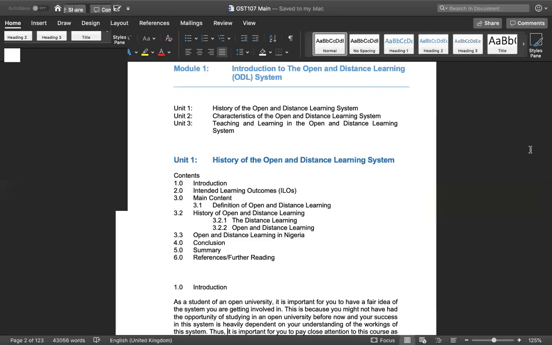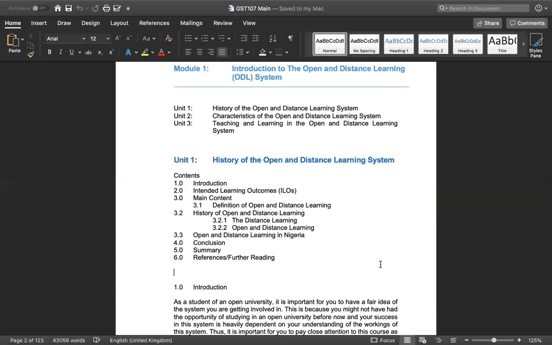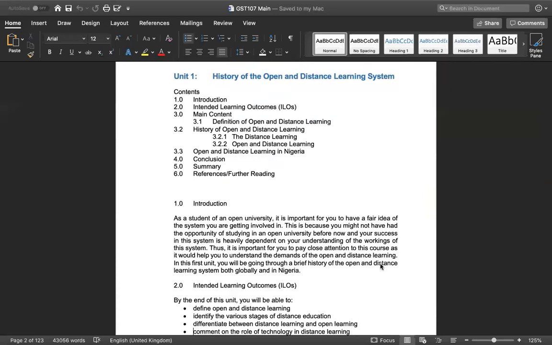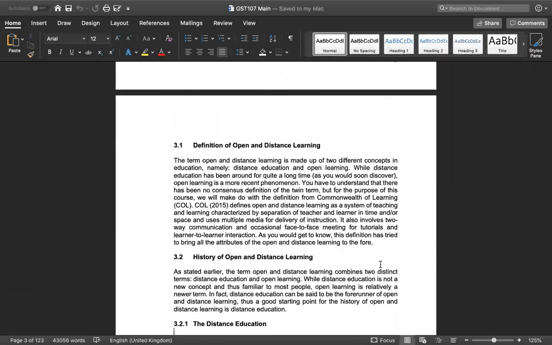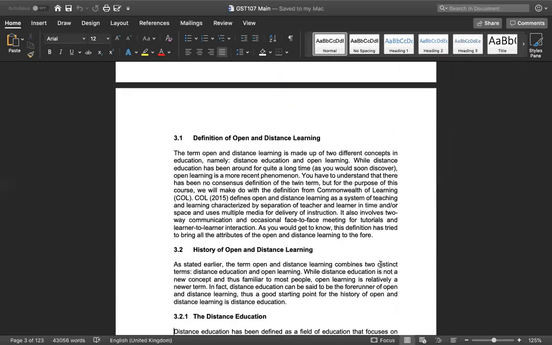Now the first unit is the history of open and distance learning. We started with the definition of open and distance learning, which is an adaptation of the Commonwealth of Learning's definition. Let me read that for you.